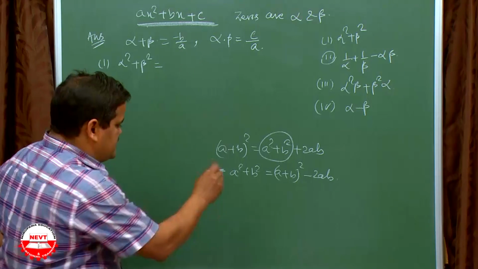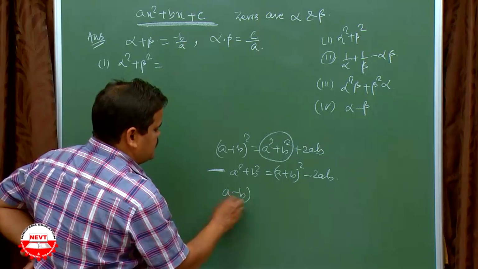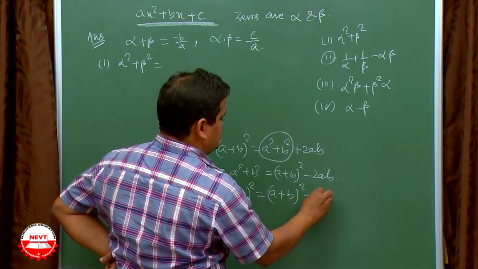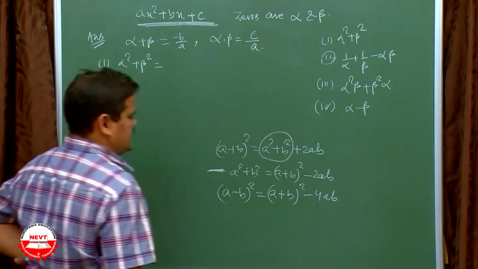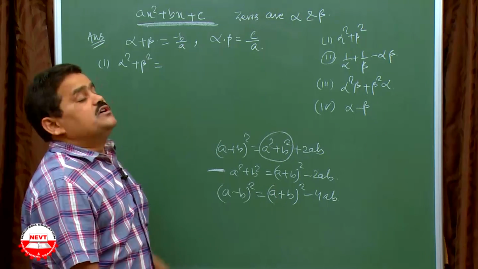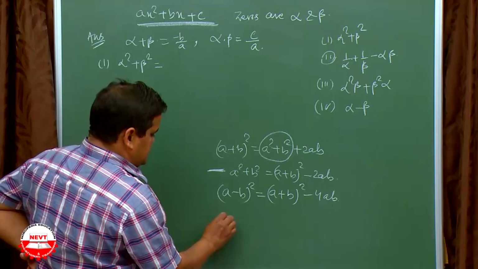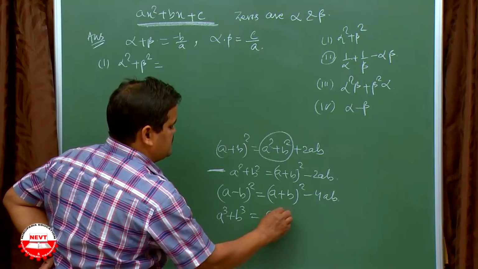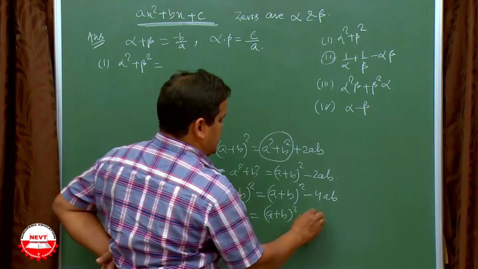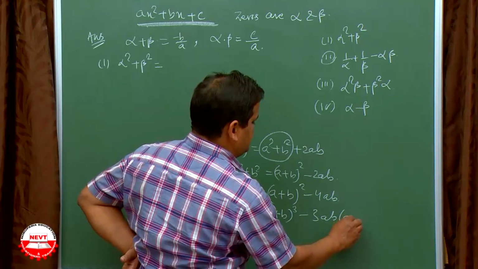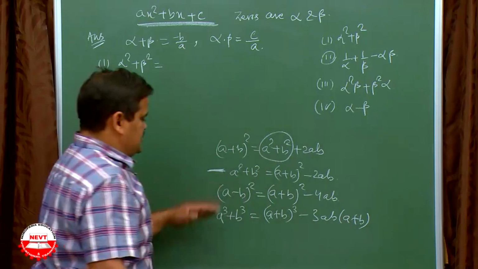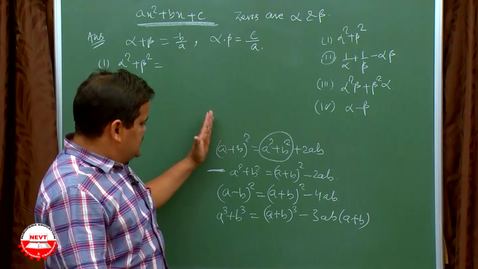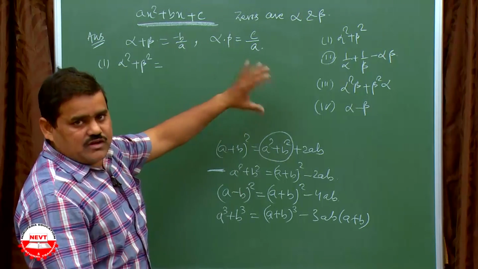Another formula: a minus b whole square is equal to a plus b whole square minus 4ab. It's okay? This is another value. If another question like this asks a cube plus b cube, it is equal to a plus b whole cube minus 3ab into a plus b. These formulas are written in 9th class book. Just recall this. I will apply one by one where it is required.